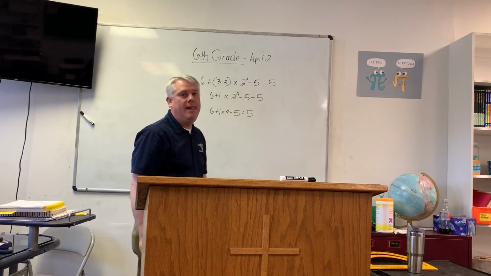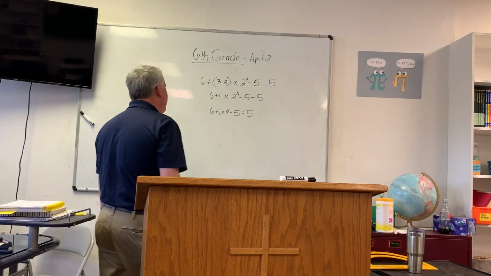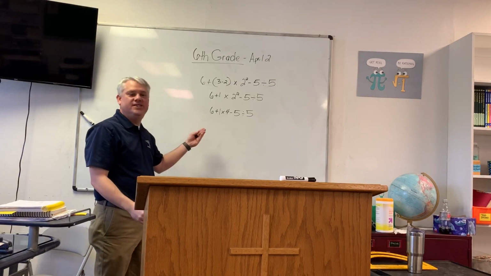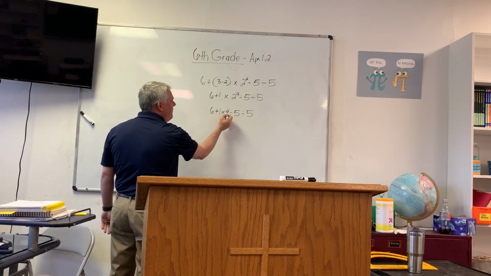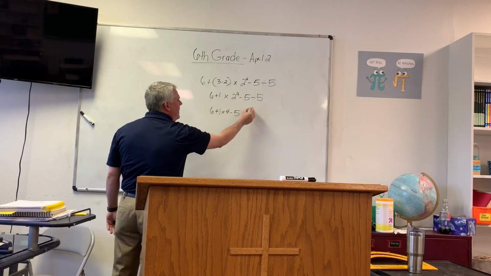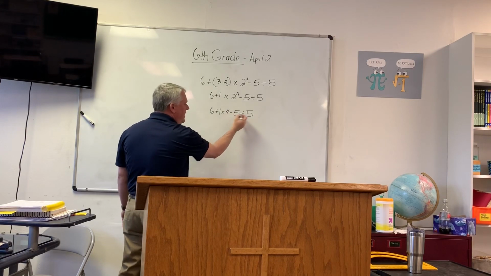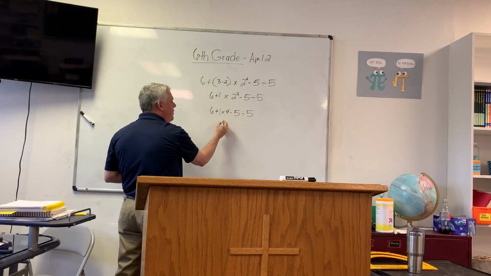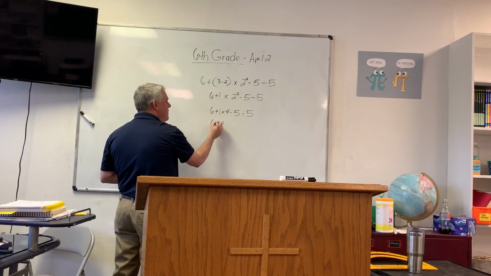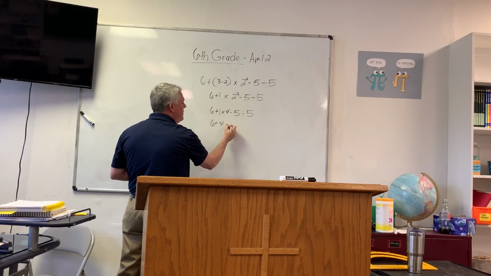Okay? I left out my 1 there. Sorry about that. Now, my next step is going to be multiplication and division from left to right. So here's addition, but we have a multiplication here, and we have division here. Now, it would be real easy to want to try to go ahead and subtract and do something different, but you got to stick with this. So 1 times 4 is 4, okay? And then I can also do my 5 divided by 5.